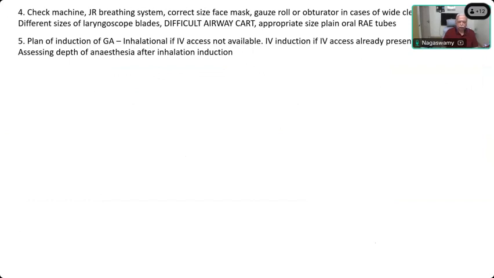That is number 2. But the third important thing is the loss of eyelash response. Yes. Initially, if you watch the eyeball, it will be roving, moving right and left or rotating. So it is called the roving eyeball during early stages of anesthesia. But once the surgical plane is achieved, it will come into the central position and it will not move.